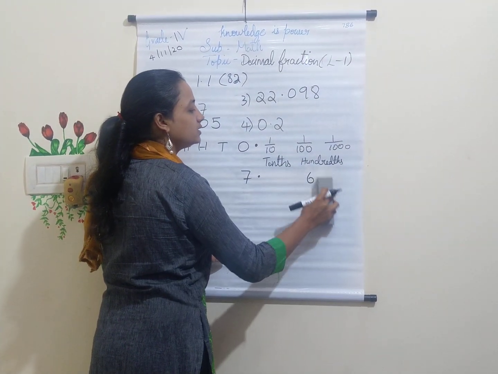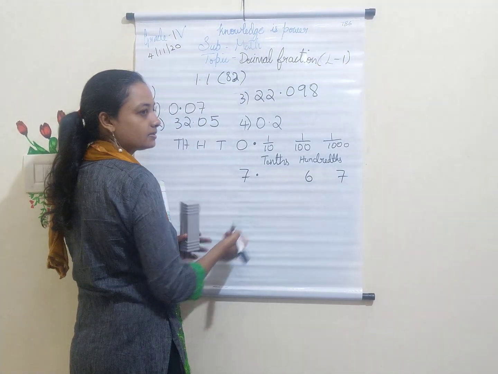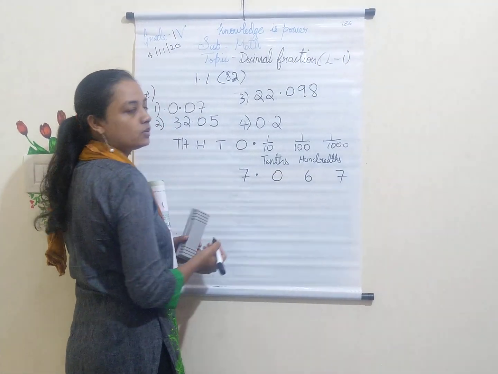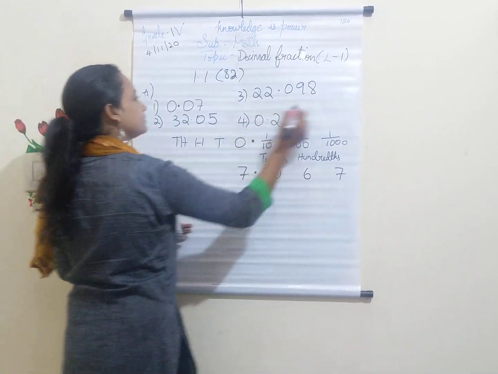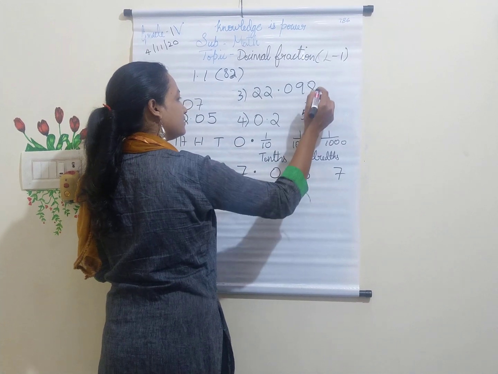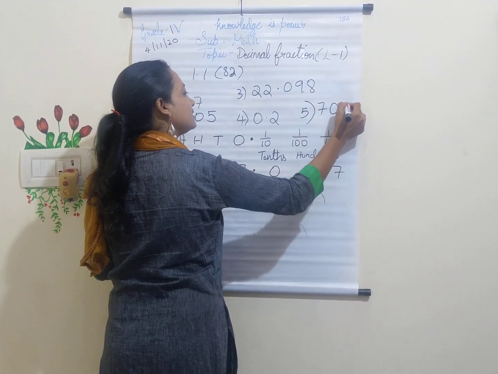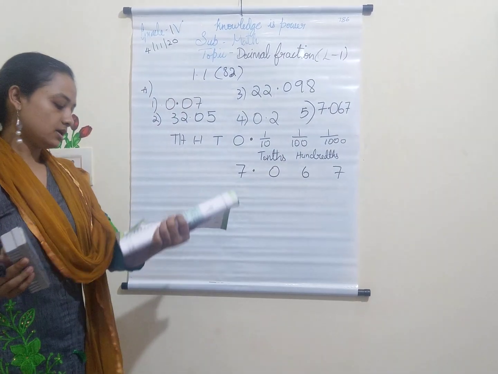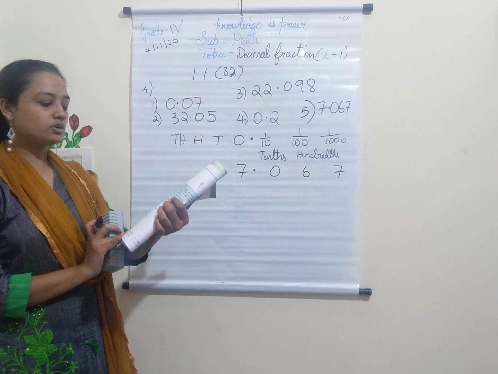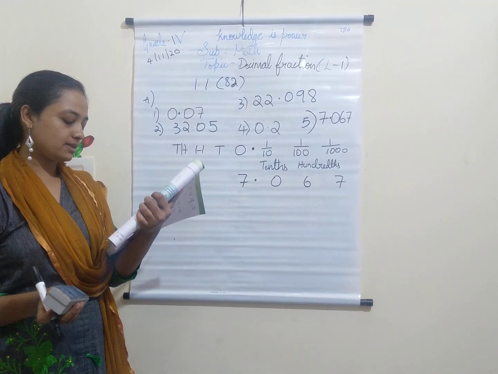So what I should do is, I write 6 here, 7 in the thousandths place, and here I write 0. So my fifth answer is, here I write 7.067. This is my fifth answer. Now the other 5 answers I want you to try and write the numbers. Let's go for the second one.